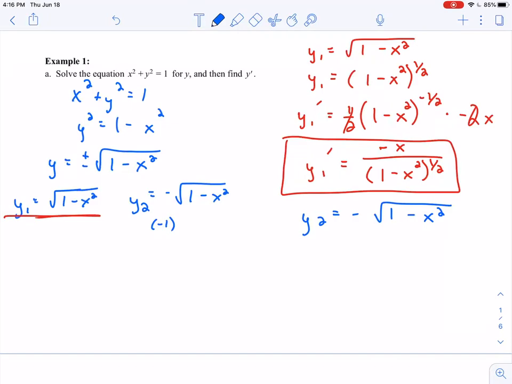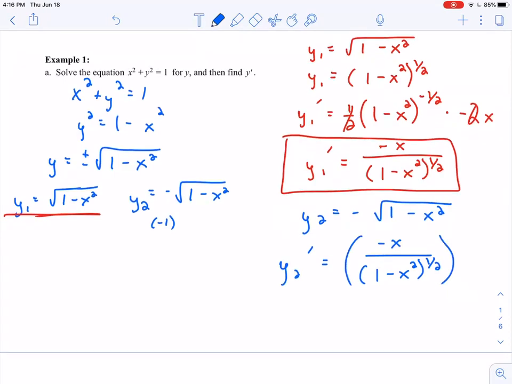So that means that if I wanted to find y2 prime, the derivative is going to look almost exactly the same as y1. I'm just going to have a constant multiple of negative 1. So my y2 prime is going to look almost the same as negative x all over 1 minus x squared raised to the 1/2 power.